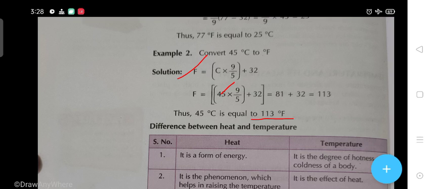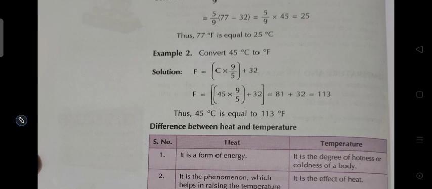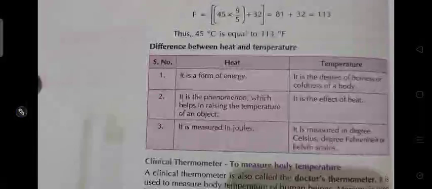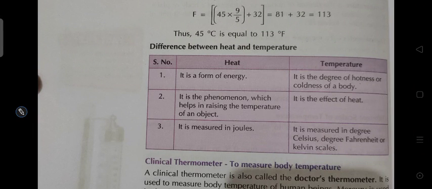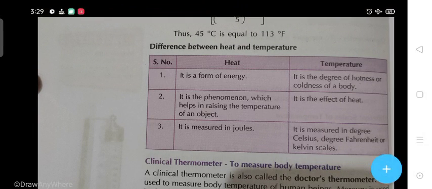So students, what is the difference between heat and temperature? The major thing which we must know is the difference between heat and temperature. Students, heat is a form of energy, and the temperature is a degree of hotness and coldness of the body.